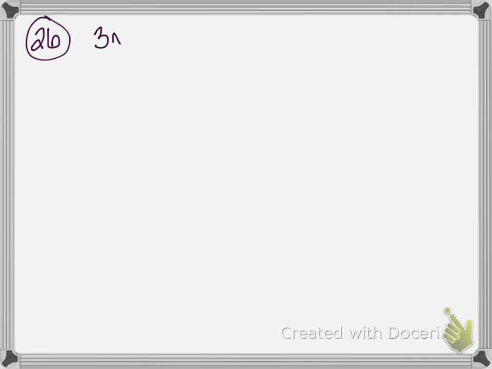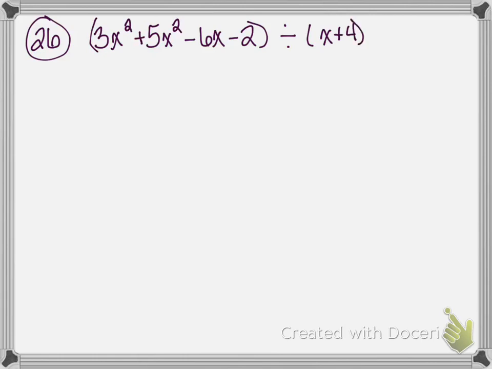So I have 3x squared plus 5x squared minus 6x minus 2. And all of this is divided by x plus 4. Okay, so I'm going to do long division first. Then if you want me to do synthetic, I can. So my x plus 4 goes in my box.